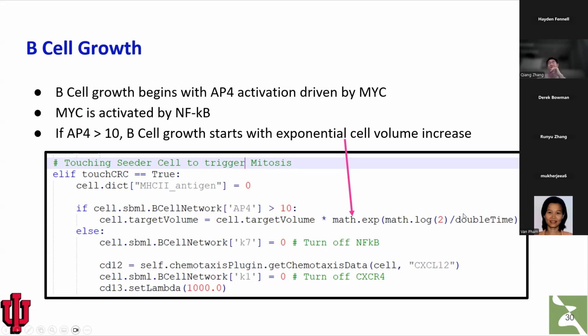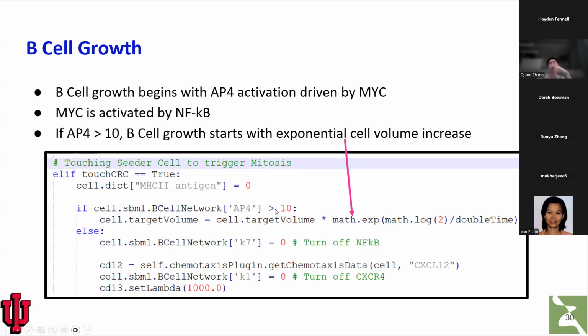In this case, the B cell doubling time, at least for mice, is probably about 5 hours. Every 5 hours the number of B cells doubles, so the cell proliferation is supported by the AP4 level being above a certain threshold.